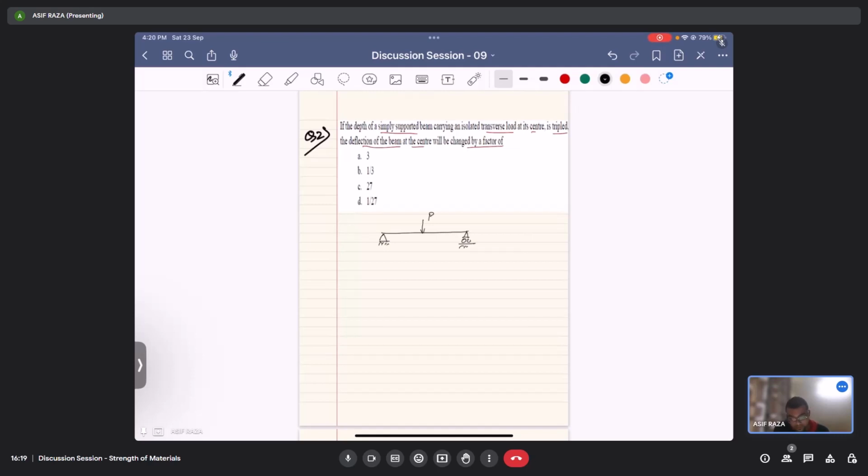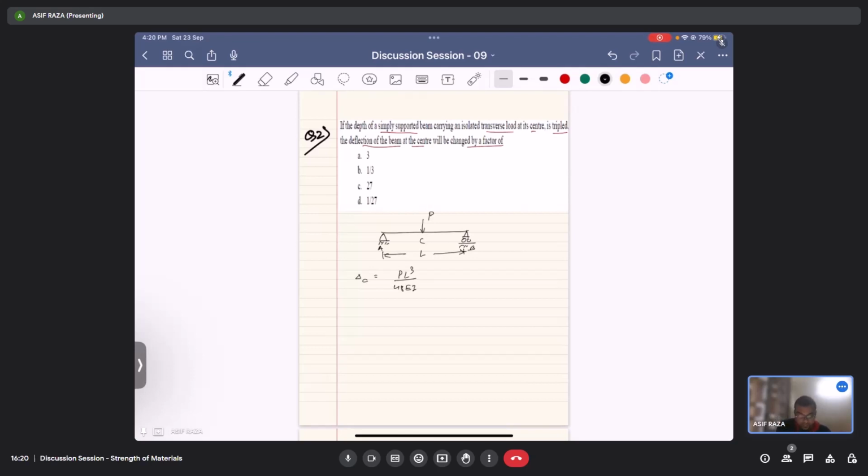So for this case, delta C is equal to PL cube by 48 EI.